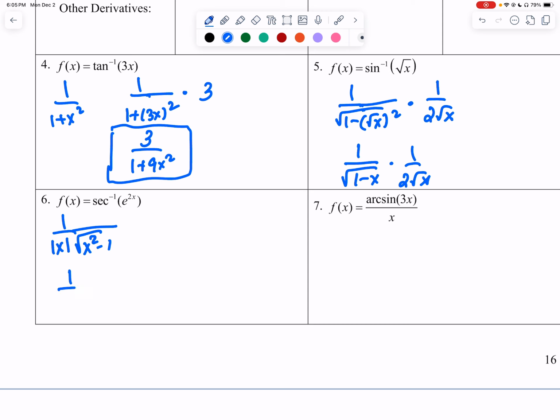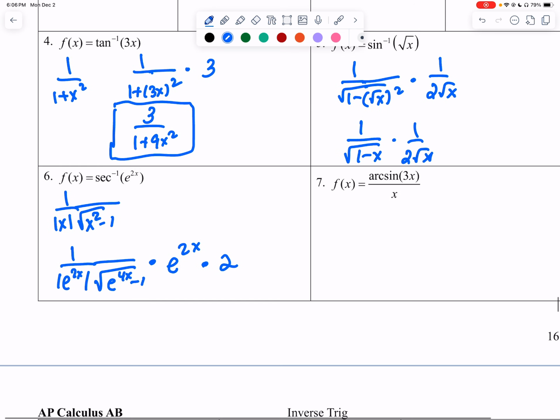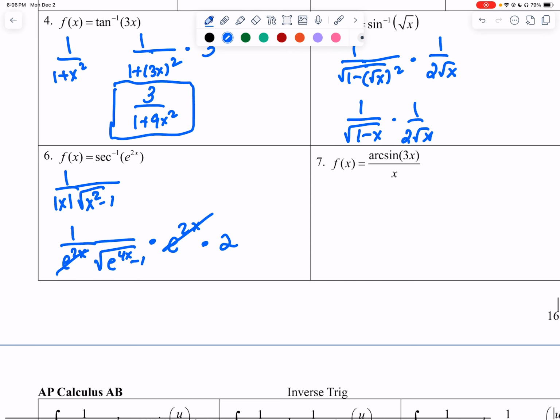So we're going to have 1 over e to the 2x, square root of e to the 4x minus 1, times e to the 2x times 2. Now, obviously, e to the 2x is always going to be positive, so I don't need absolute value bars here. And then you'll notice that e to the 2x will cancel out, so I'm just left with 2 over the square root of e to the 4x minus 1.